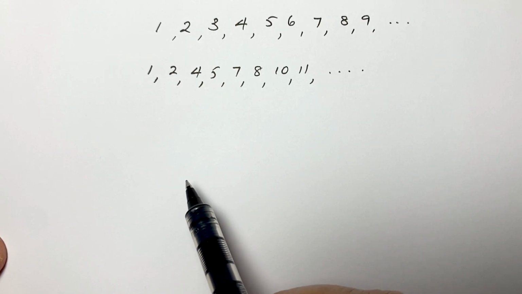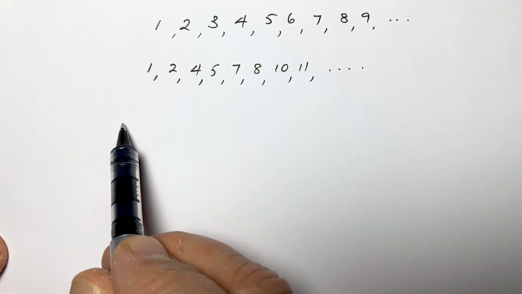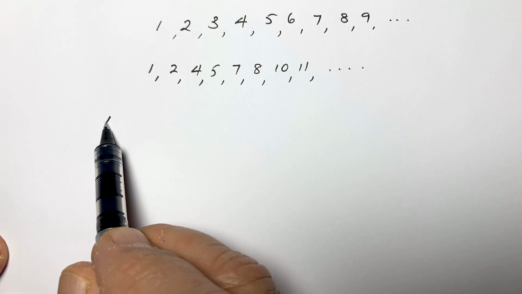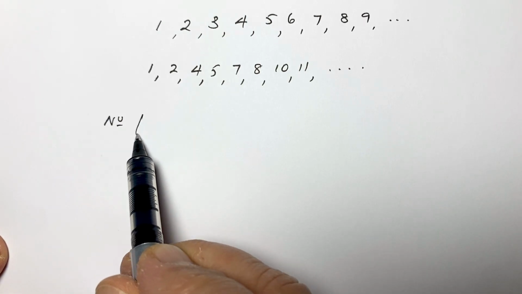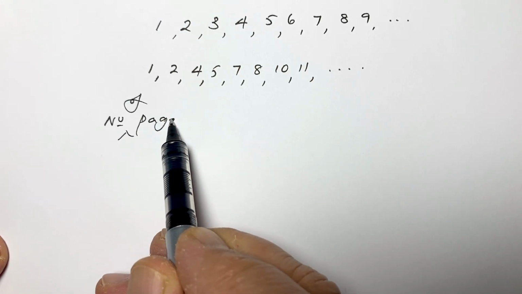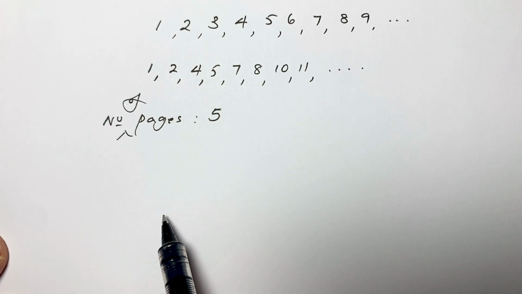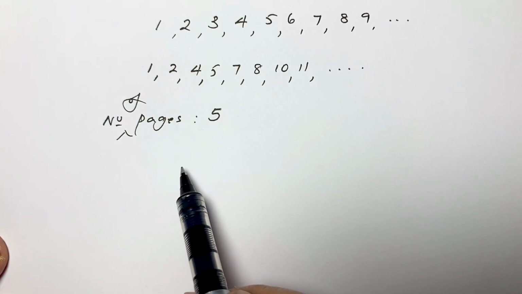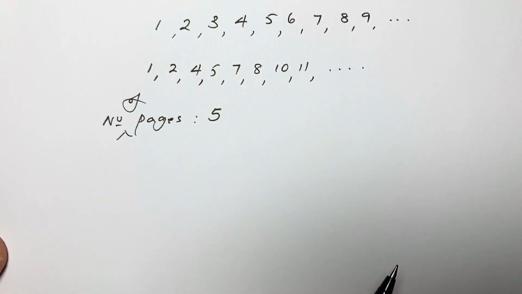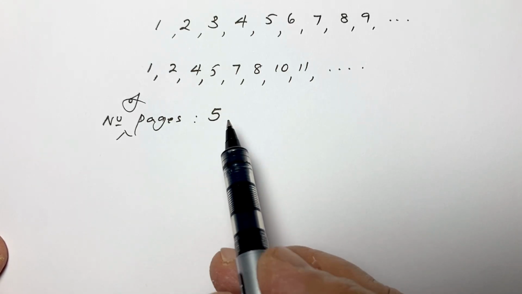Now, if I had, for example, 5 pages, say 5, I want to know how I could find a pattern for any number of pages. So I start with only a small number of pages.